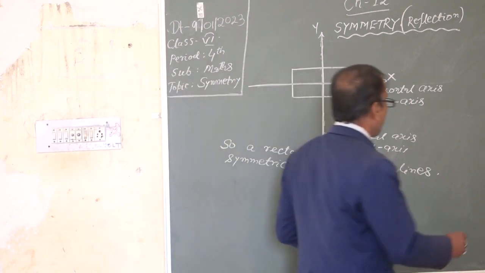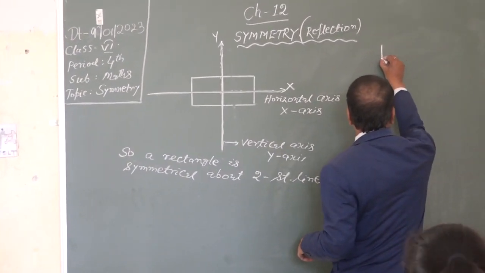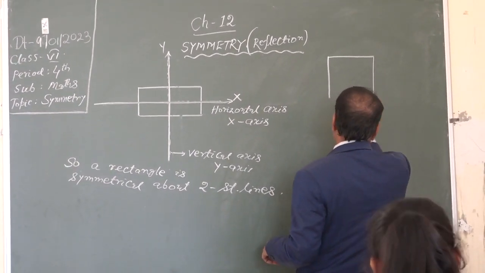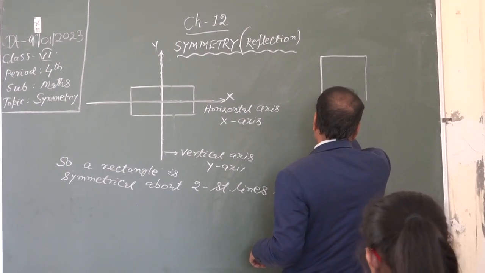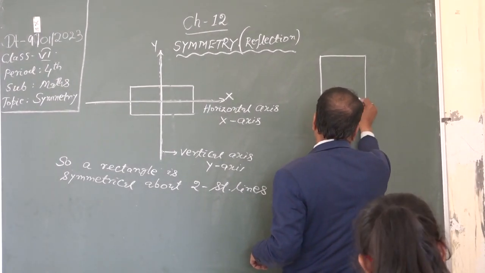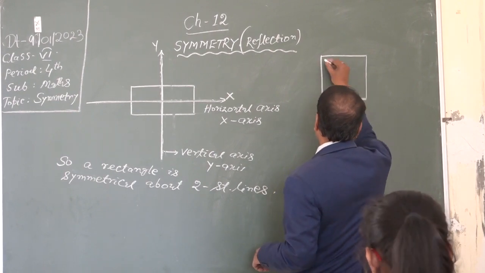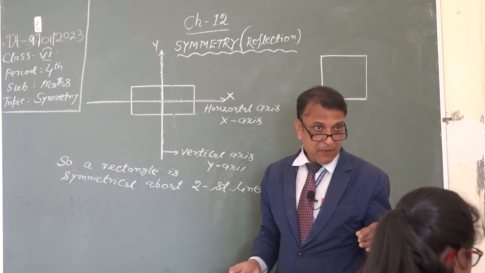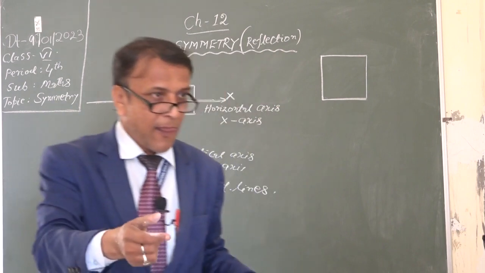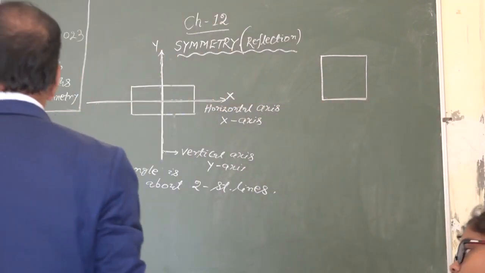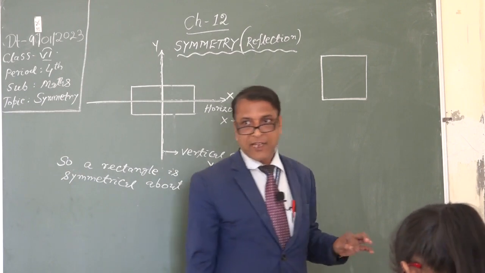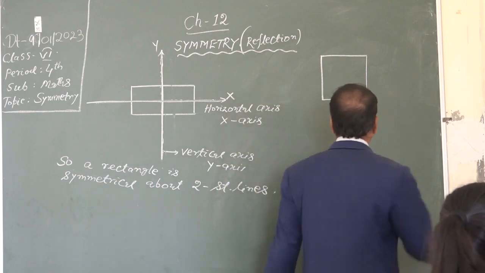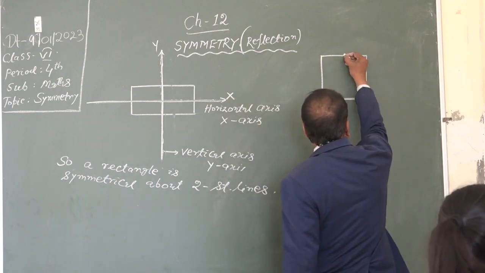Now I am taking a square. In a square, all sides are equal and all the interior angles are also equal and all are 90 degrees. Anybody have a long steel scale? Yes, give me. So now I will say the same thing about a square. Look here, all the sides are equal.